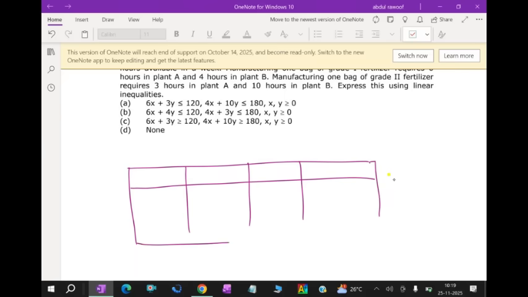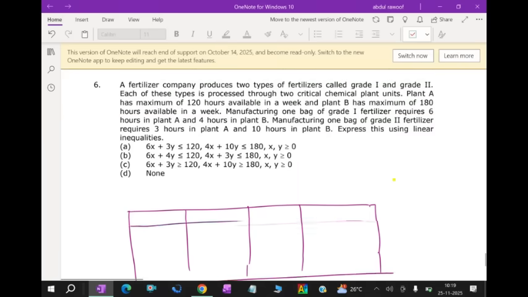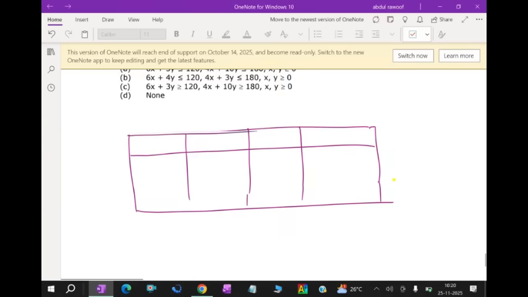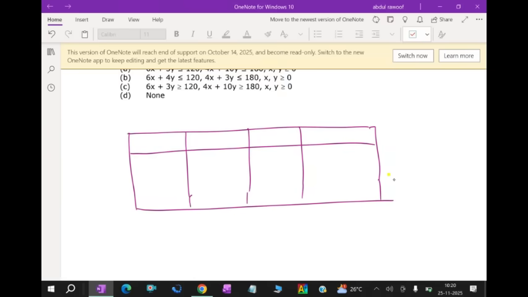This plant A, because two plants. They are the factory using two plants. Suppose plant A, plant B. Then grade 1, grade 2. Look at here.